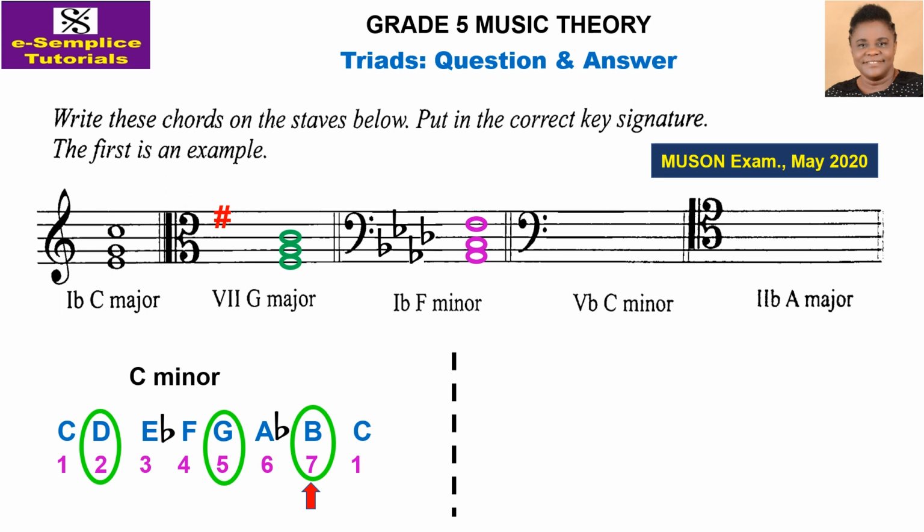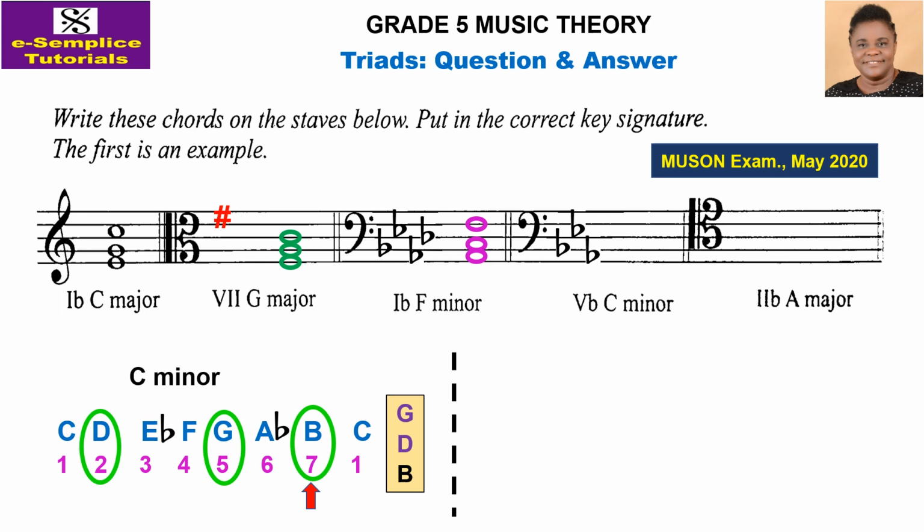First inversion means B will be at the base of the chord. So we'll have B, D, G. Now before we put this on the staff, we need to show C minor key signature, which is B flat, E flat, and A flat.